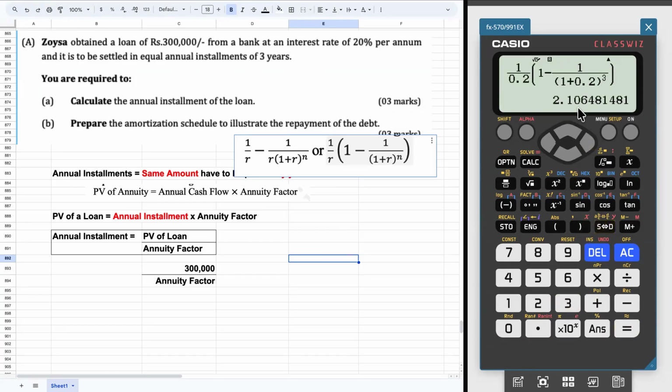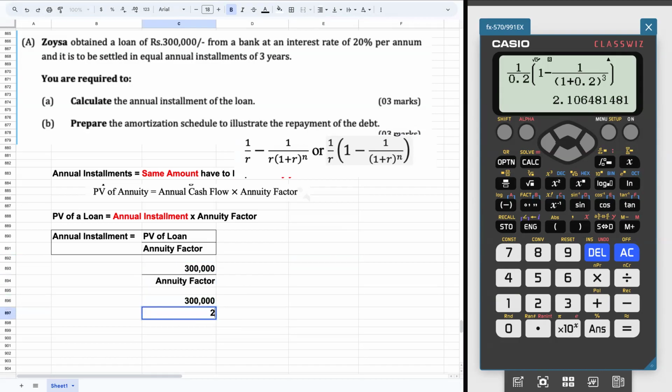It will give you the annuity factor 2.10648. We normally take 4 decimal places, so the 4 becomes 5 because the 8 is more than 5. So the annuity factor is 2.1065.